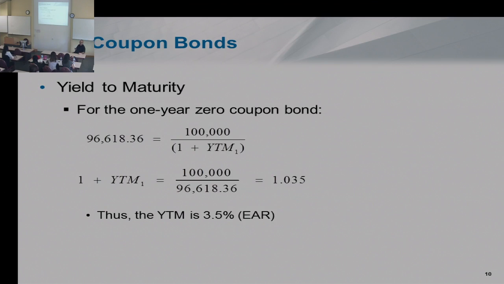So the government would like to borrow at 1% and you'd like to invest at 20%. What's a fair rate of return for the risk involved for the time period invested? Supply and demand forces will fix the price at a yield of 3.5%, which is 96,618.36. So that's a 3.5% for 1 year.